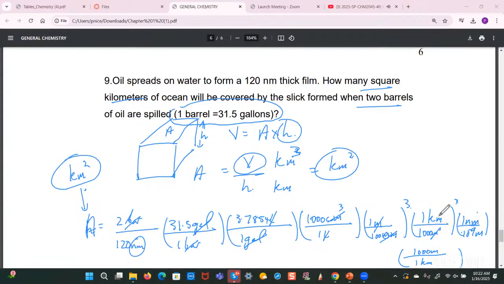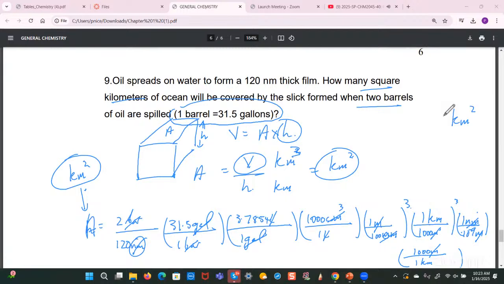All right, so this meter unit will cancel with that. This nanometer will cancel with that. And what's going to happen here is that of this kilometers cubed, one of the kilometers will be canceled out by one of those kilometers. So the final answer will be expressed in kilometers squared. So let me see what that gives.